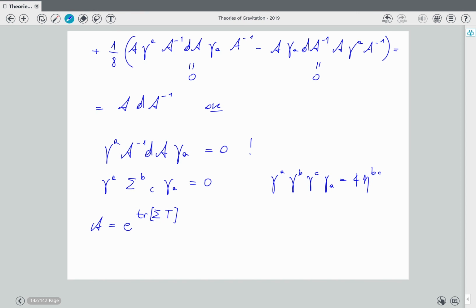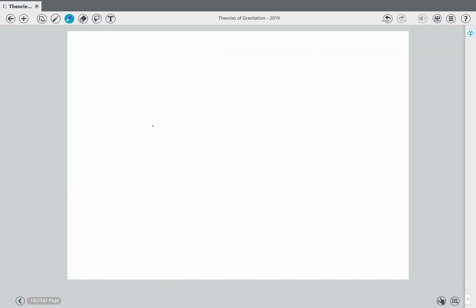And then I can use an identity which is similar to the Campbell-Baker-Hausdorff formula, which you might find useful in some other cases, which is this identity here, e to the minus m d e to the m.